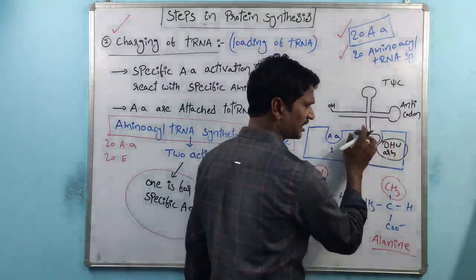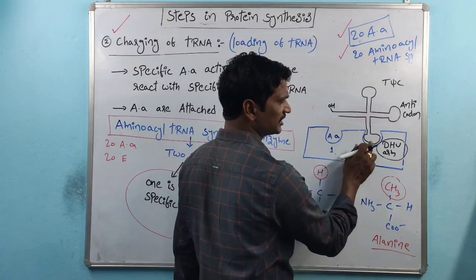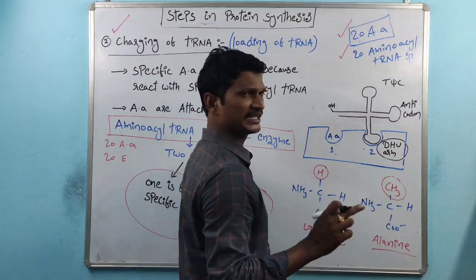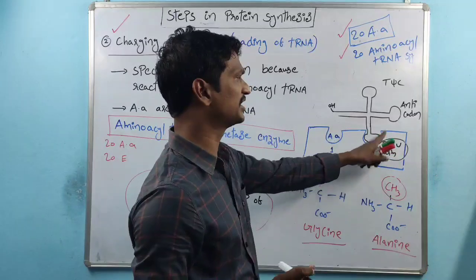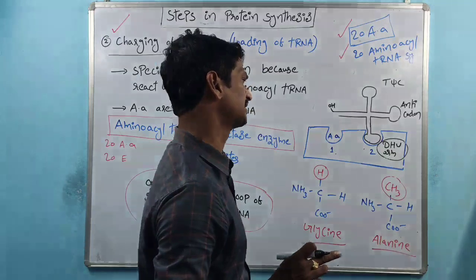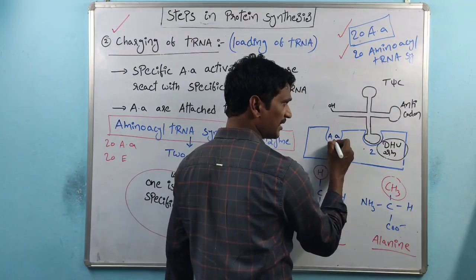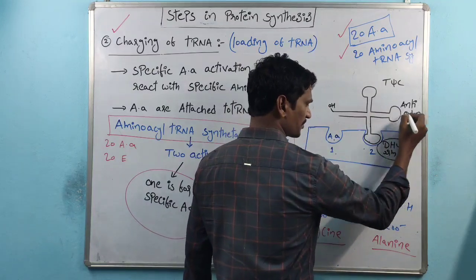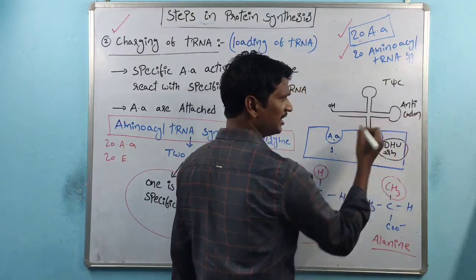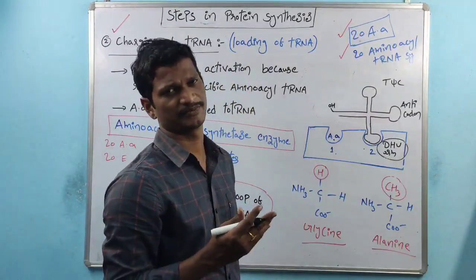And coming to the next one, active site 2. In this case, see the DHU arm of tRNA is interacted. Remember, between the amino acid and anticodon, matching takes place.